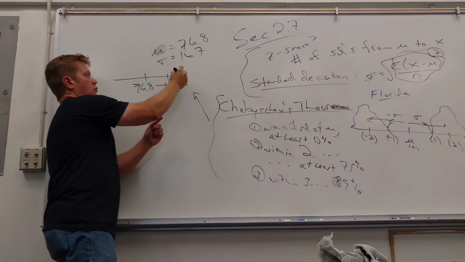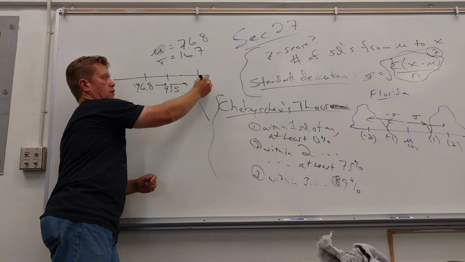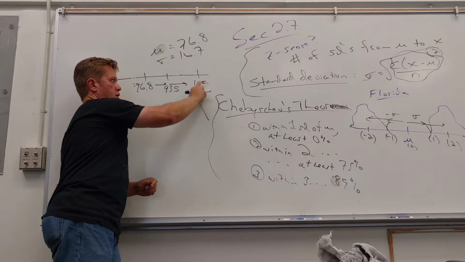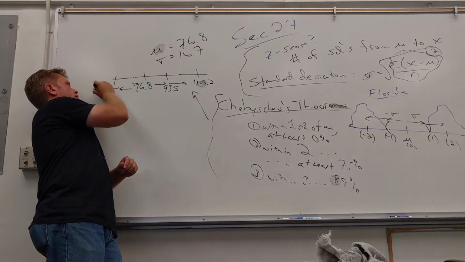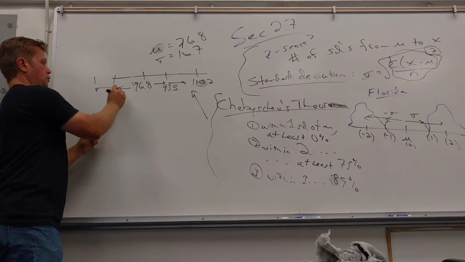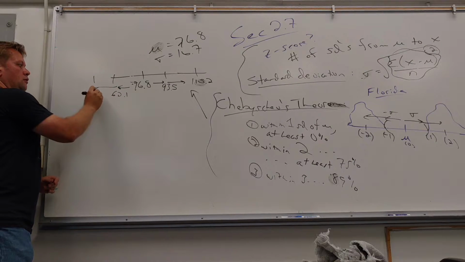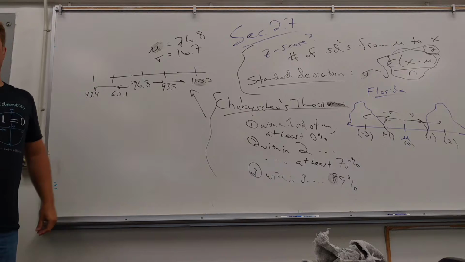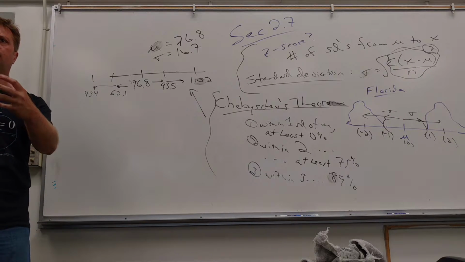And now one more step up, 110.2. And then if you go 1 step down and another step down, 1 step down would be 60.1. I like it. 1 more step down, 43.4. Sweet. So between what 2 grades would I definitely find at least 75% of the data?